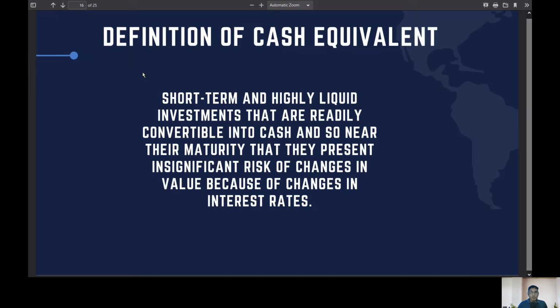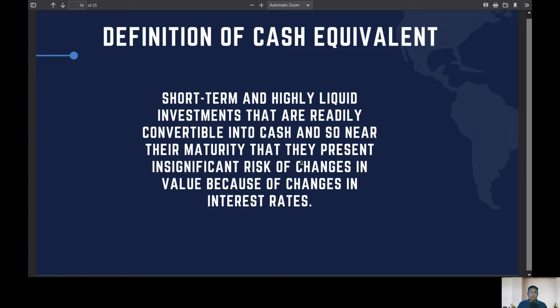Now we're on to cash equivalent. So, what is a cash equivalent? It is a short-term, highly liquid investment that is readily convertible into cash and so near, repeat again, so near their maturity that they present insignificant risk of changes in value because of changes in interest rates.